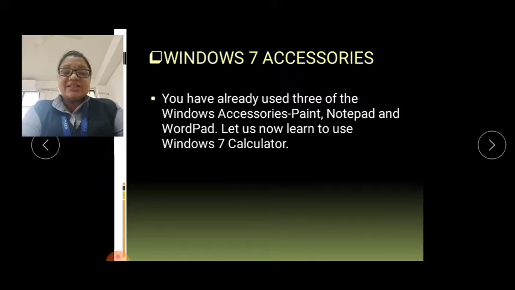In that accessories you see programs that you can use for your special purpose. That means for painting or drawing, you can use the paint program. For typing, you can use notepad and wordpad. For playing games, you can use the games. So these are some kinds of accessories present in Windows 7.